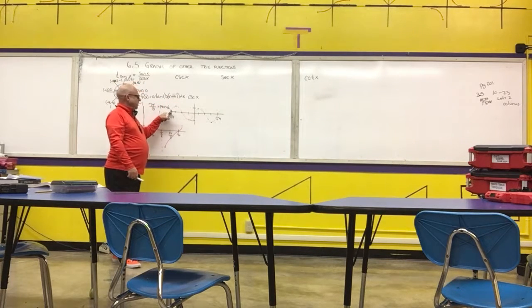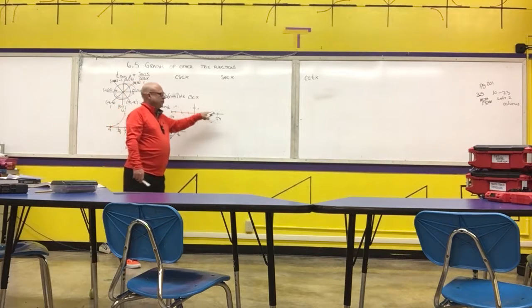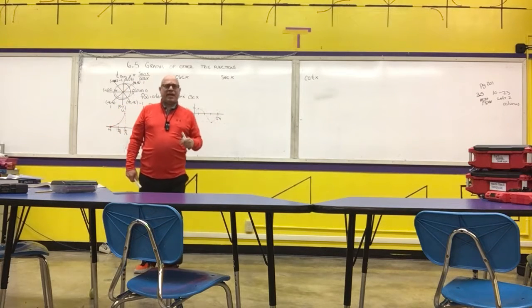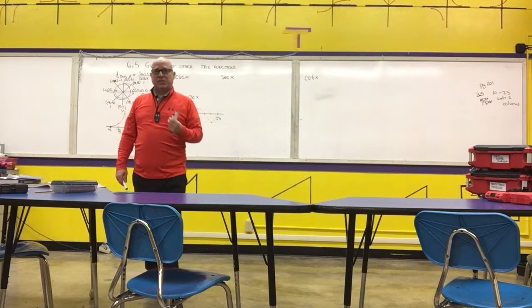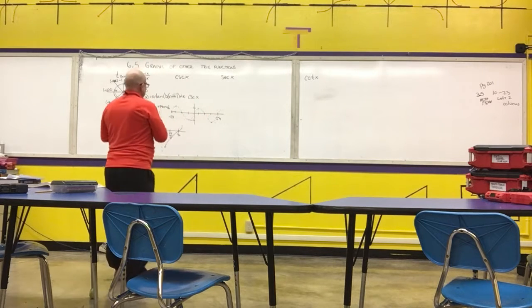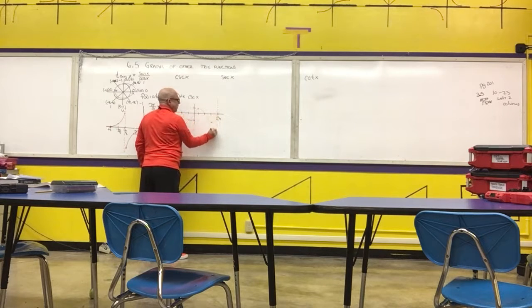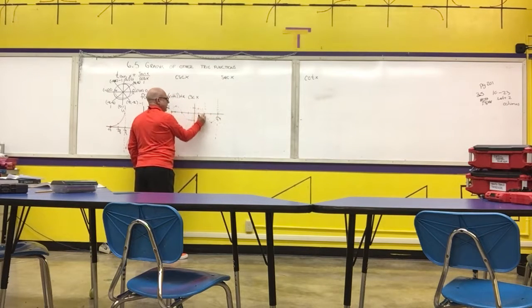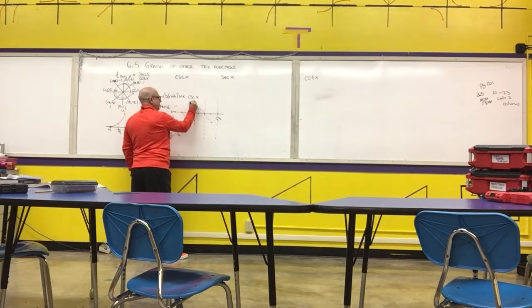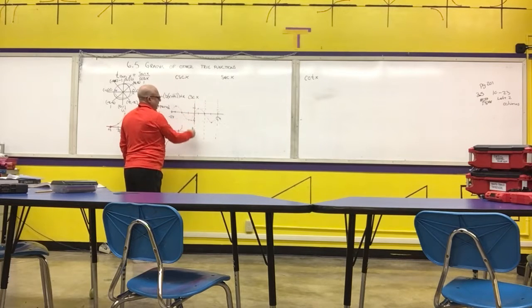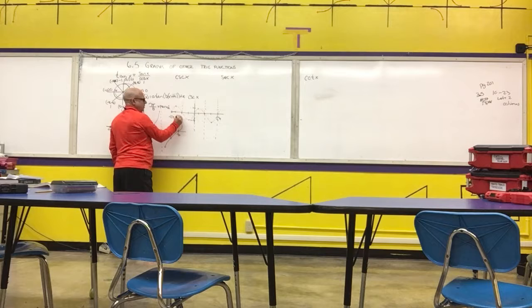So everywhere that this function is 0, you are going to end up having a vertical asymptote because the cosecant will be undefined. So I'm now going to draw in my vertical asymptotes everywhere that sine is 0. Again, I don't have to draw on the y-axis. I'm just doing it for us to look at.